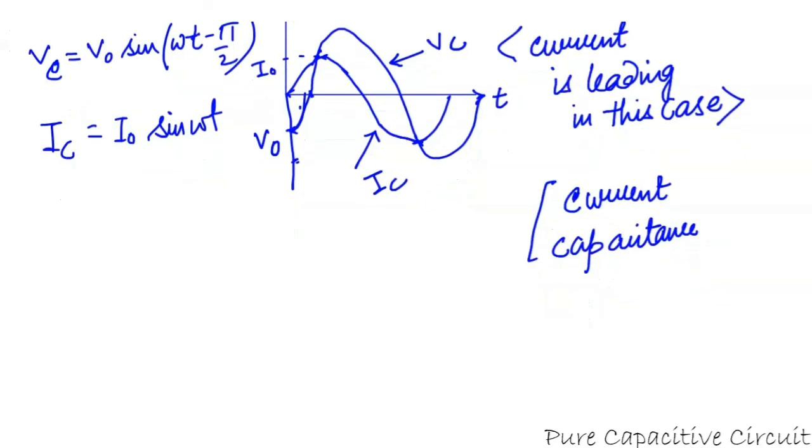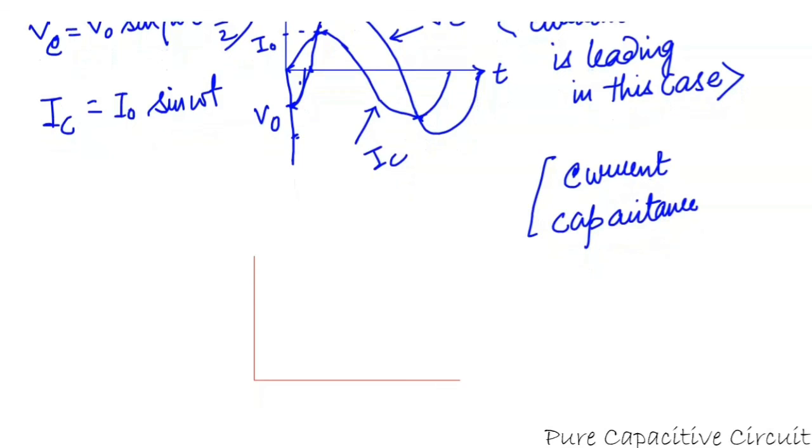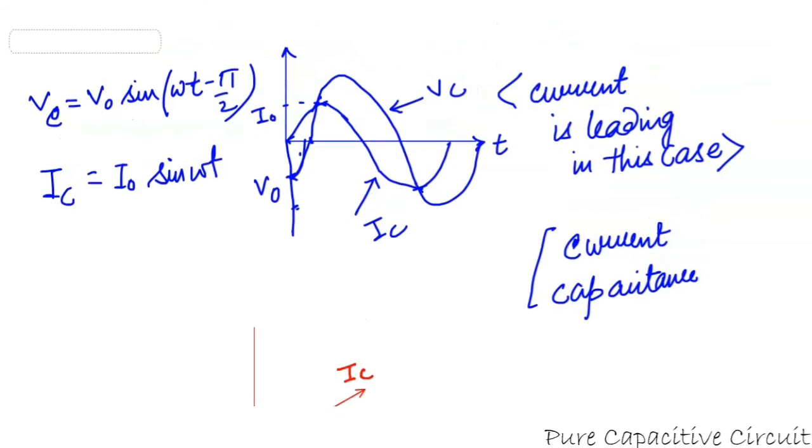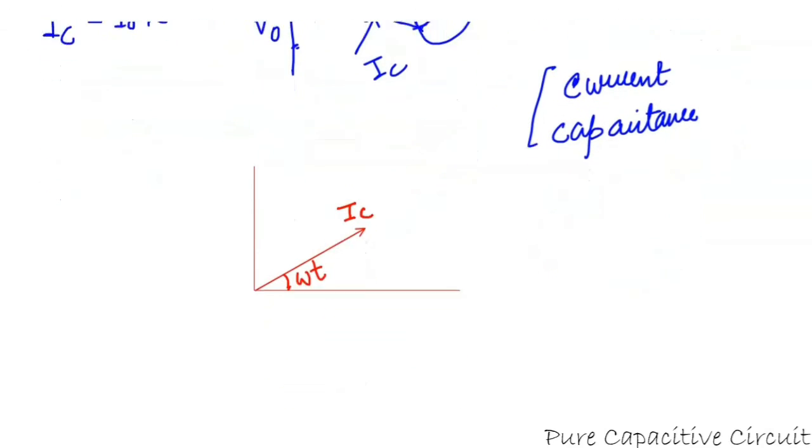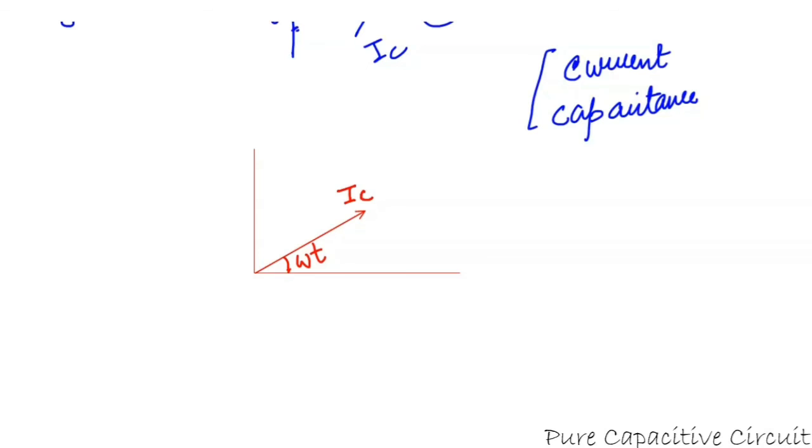Now let's draw the phasor diagram. Consider an xy coordinate. V_C is a vector with magnitude V_0 and angle ωt − π/2, and I_C is a vector with magnitude I_0 and angle ωt with the x axis. So consider a line I_C, with magnitude I_0 and angle ωt with the x axis. Now V_C has angle ωt − π/2. Minus π/2 means clockwise.